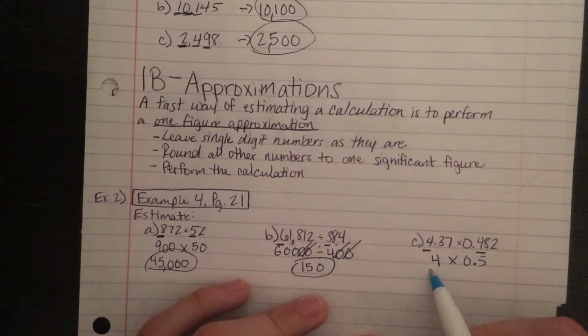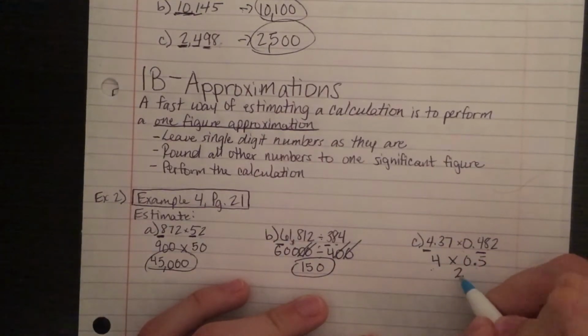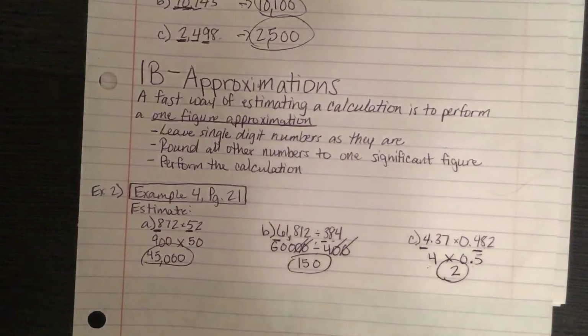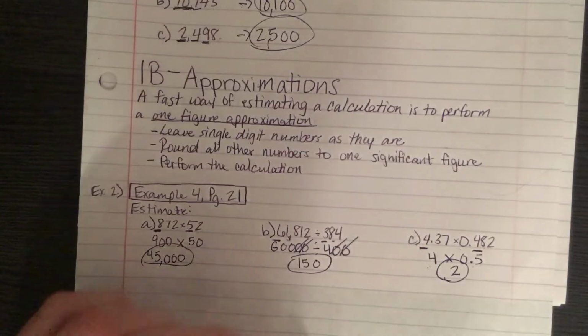So we're multiplying 4 by 1/2, or 0.5. That's going to approximately give us 2. And again, that's just serving as a quick way to approximate those numbers.